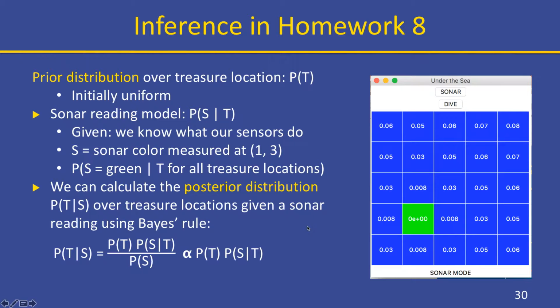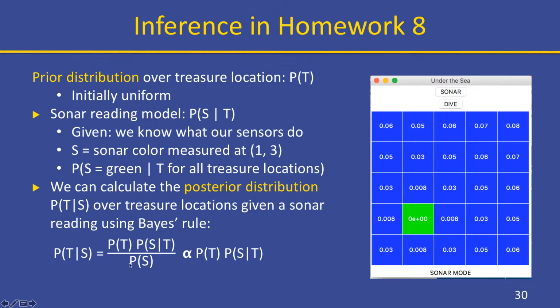So we apply Bayes' rule. We write that P of t given S, the probability of the treasure being at each one of these locations given a green reading at this location here, is equal to the prior, the marginal probability P of t, times P of S given t, which is given to us by the sensor model, divided by P of S. We have to compute this quantity for the 25 possible locations, the 25 values in the domain of t, and this P of S is the same for all 25 values.